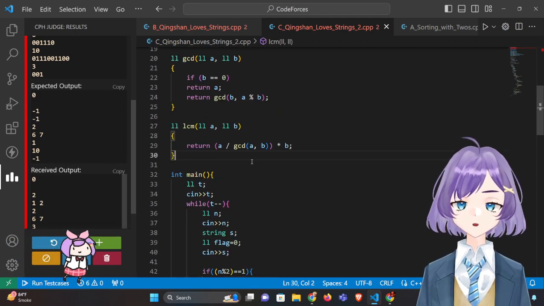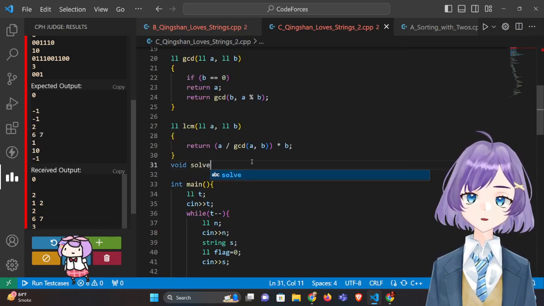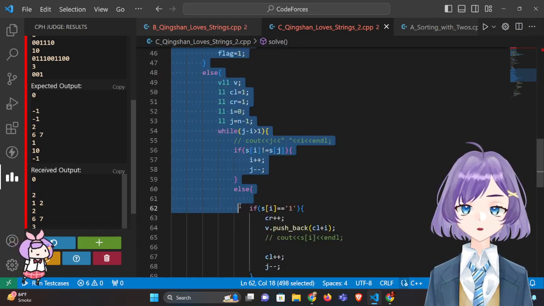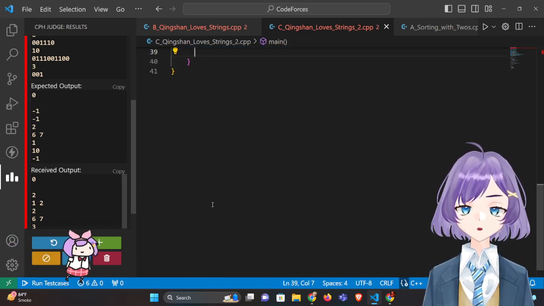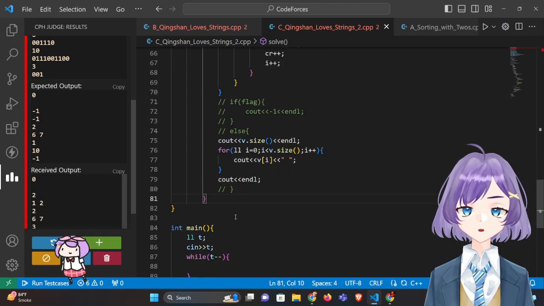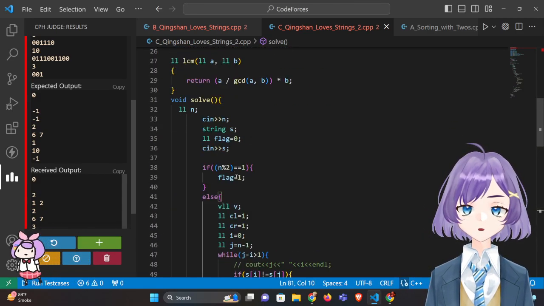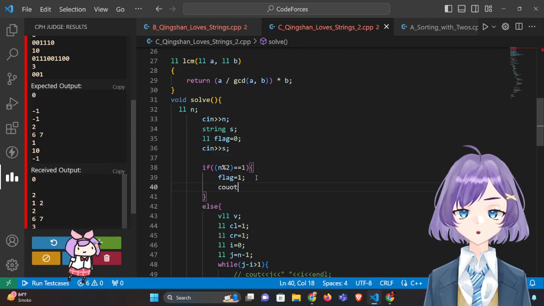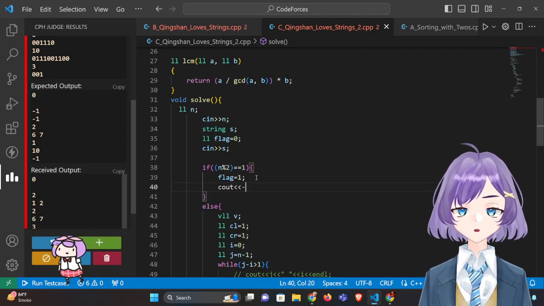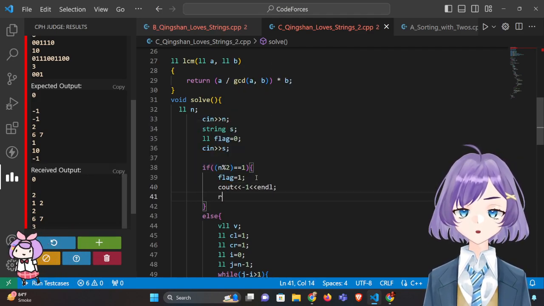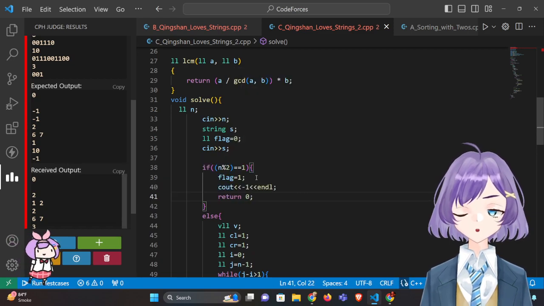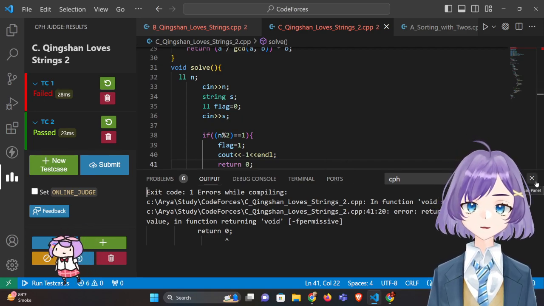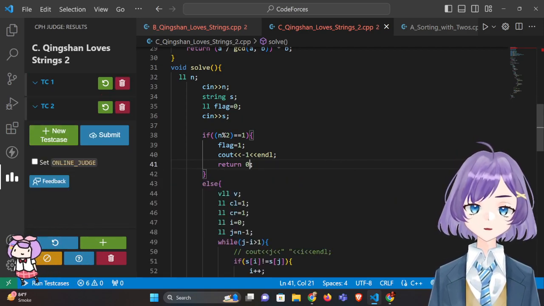And don't ask me, I will just try to avoid solve. We'll copy this entire thing. Paste it here. Return 0. Close 3 out. Minus 1. And return 0. And return this return.